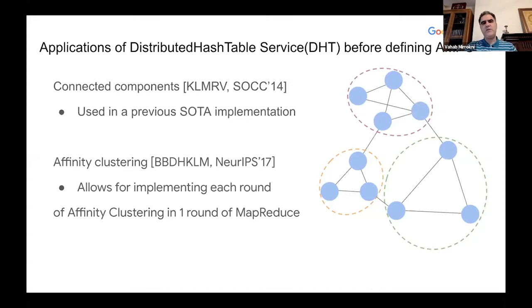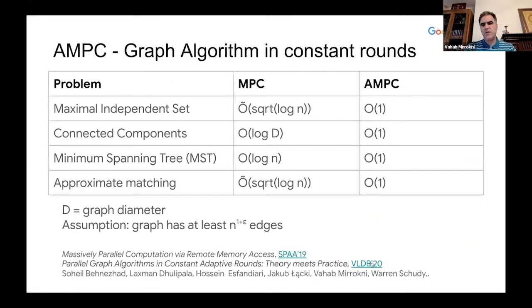More recently, in a SPOT 2019 and VLDB 2020 or 2021 paper, we developed algorithms that run in a constant number of rounds as opposed to a logarithmic number of rounds for many of these graph problems. The most important one for us is clustering or connected components, which goes from log of d to order of one.